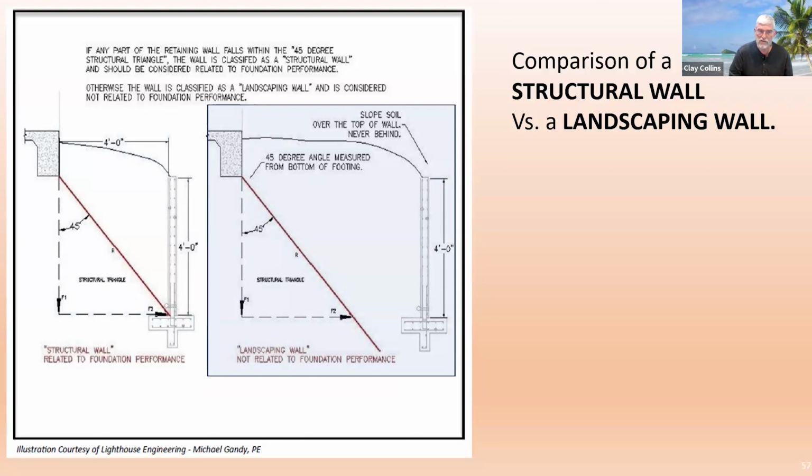That wall does not meet that 45-degree angle. But what do we see sometimes that they do? Forget the retaining wall, or the landscaping wall, for a second. How many times have you seen them put a swimming pool right next to the house?